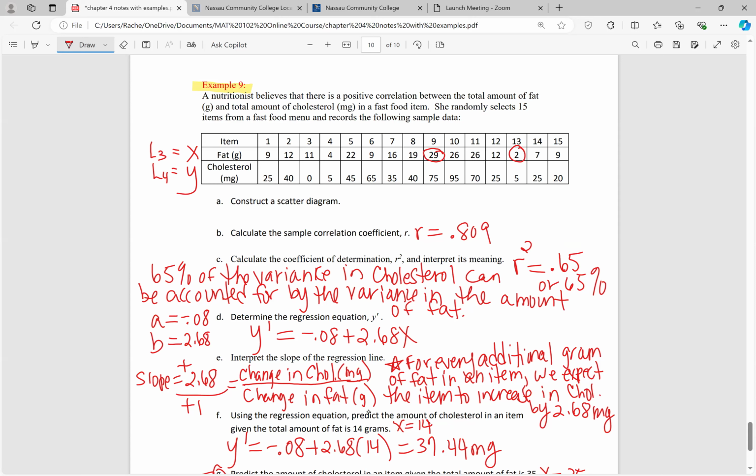Now 35 doesn't fall between 2 and 29. It falls outside that range. So that prediction that we made, we're going to consider it extrapolated.